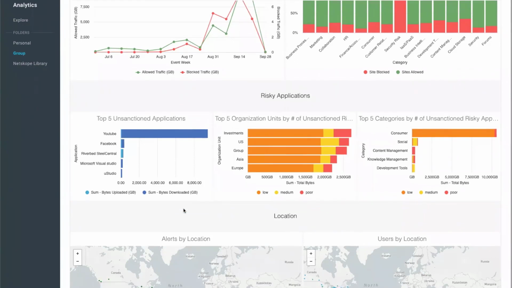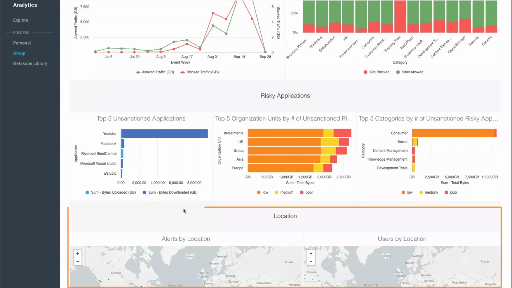And then finally, to keep this a very concise and simple dashboard, we're focused heavily on location. So looking at where alerts are being generated from, so that an organization can look across the globe and aim to triage where they potentially see some unusual activity.